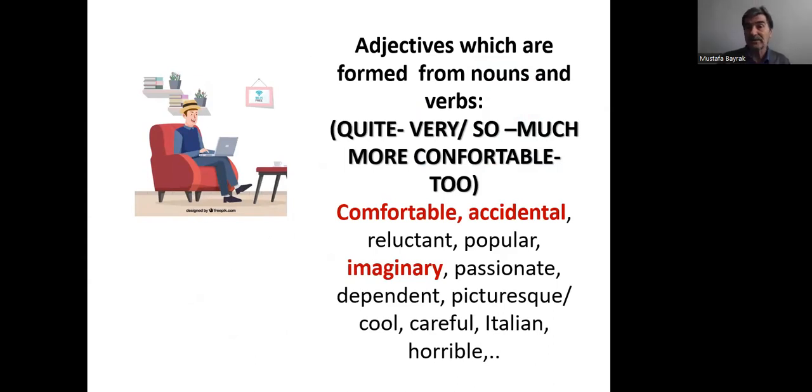So we can say very imaginary, quite imaginary, so imaginary, too imaginary, yes, passionate, passion, dependent, picturesque, cool, careful, Italian. Italian is also an adjective. For example, Marco is very Italian. Yes. Okay, horrible, very bad, horrible.